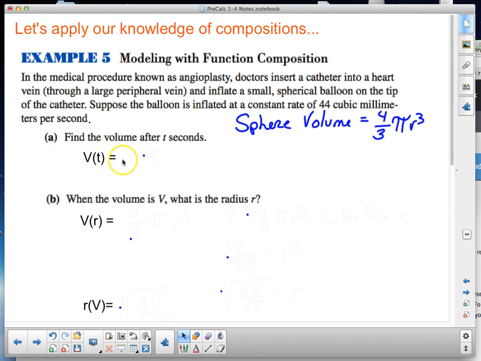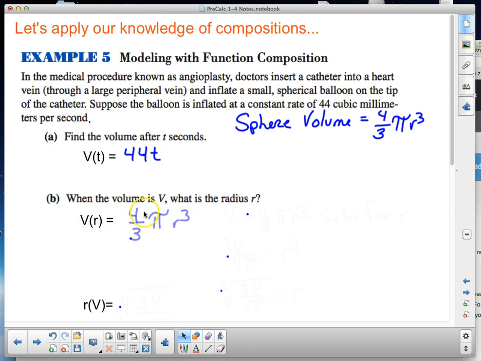So now we have 44t because we have, suppose the balloon is inflated at a constant rate of 44 cubic millimeters per second. So that's where that came from. When the volume is v, what is the radius r? So I have the volume with respect to r is 4/3 pi r cubed. So now we're looking at this. We got 4/3 pi r cubed.